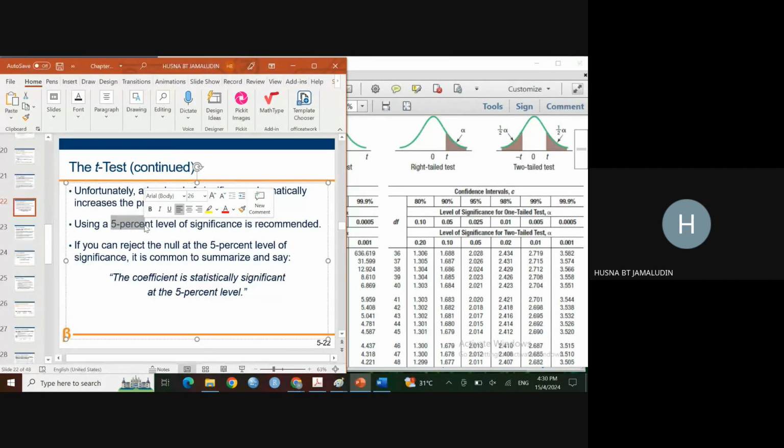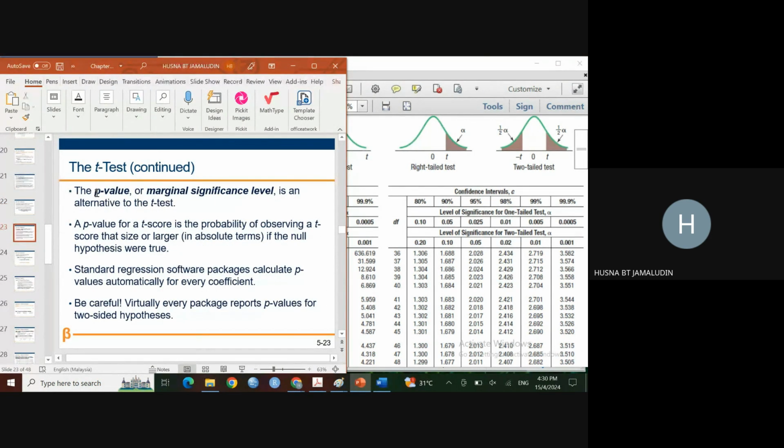This is the safest way if you are not sure about your result. If you can reject the null hypothesis at the 5% level of significance, it is common to summarize and say the coefficient is statistically significant at the 5% level. If you reject at the 10%, the coefficient is statistically significant at the 10% level. This is just how you want to interpret your result.